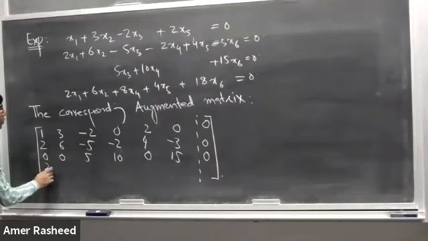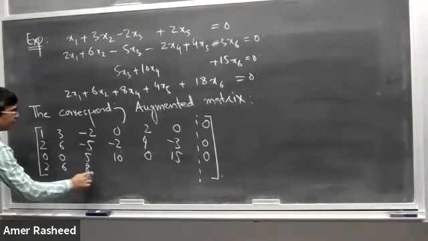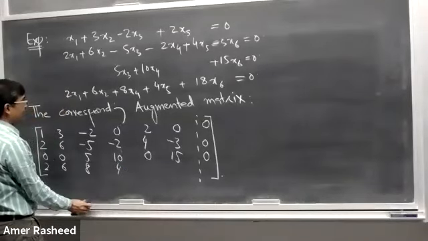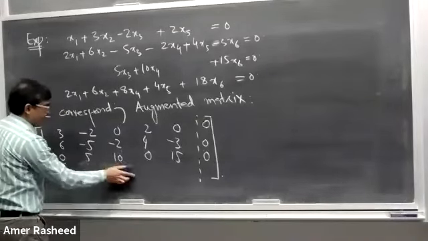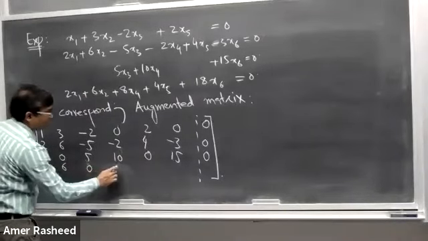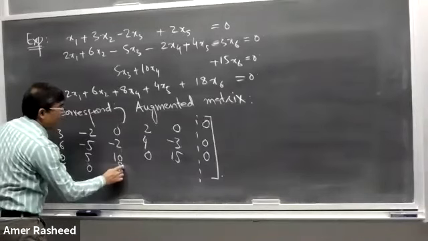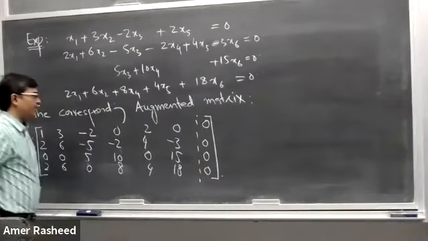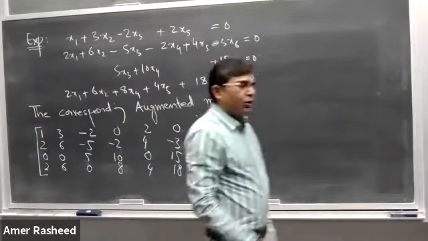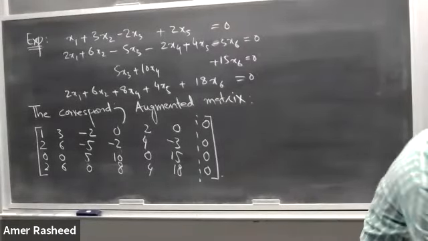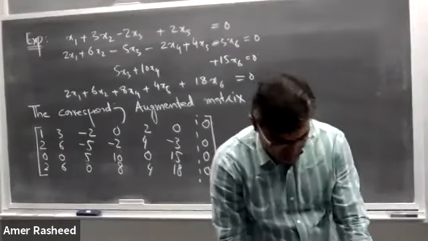The last one is 2, 6, then 0 because there is no x3 here, so the x3 coefficient is 0, x4 is 8, x5 is 4, x6 is 18, and the right hand side is 0. Now you can see that this is a homogeneous linear system, and we need to solve it by reducing it into echelon or reduced echelon form.